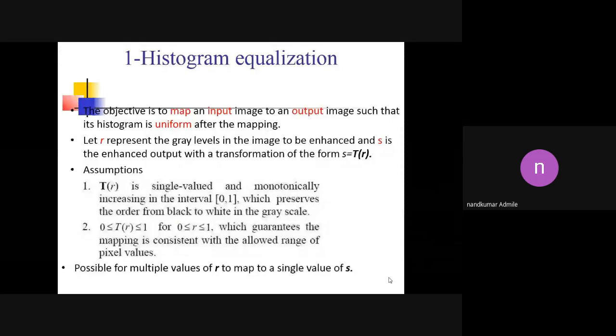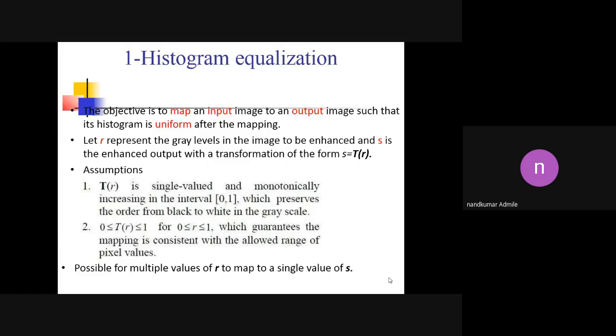There is one more technique to again enhance the quality of the input image, that is called histogram equalization. So basically what is meant by histogram equalization? The word equalization is too important. Equalization means we have to split the number of pixels again.